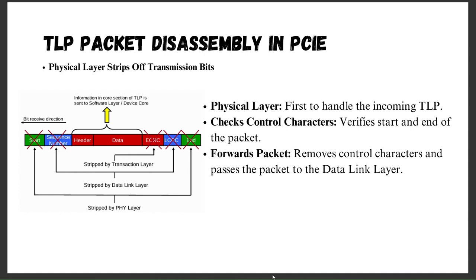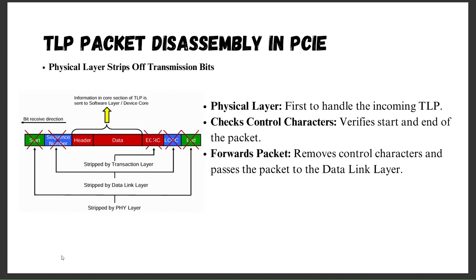These characters tell the receiver where the packet begins and ends. After verifying these control characters, the physical layer removes them and forwards the rest of the packet to the next layer, which is the data link layer.